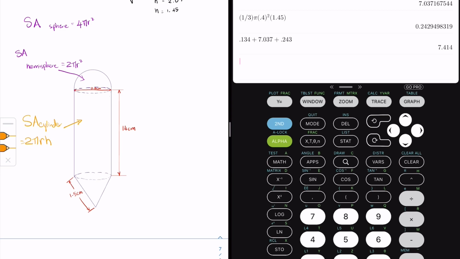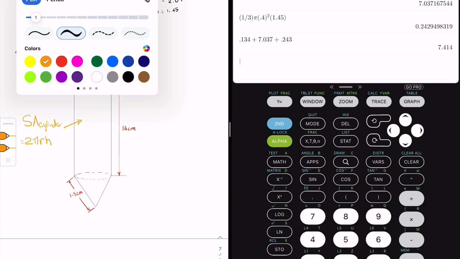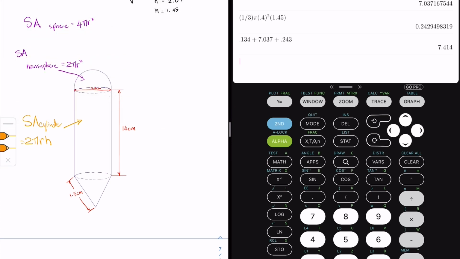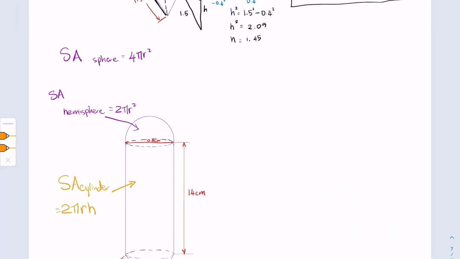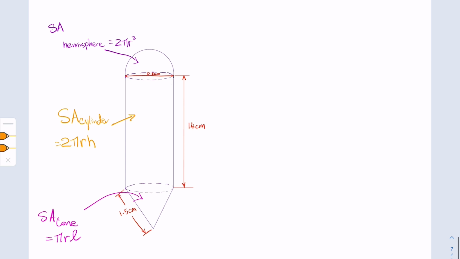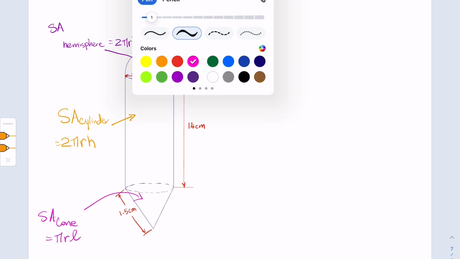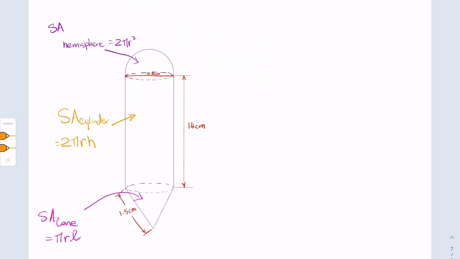And finally, for our cone, the formula there is surface area of a cone equals pi r L. All right, so now with all of that here, we can start calculating what we have. We're just going to stick everything that we need into these formulas.